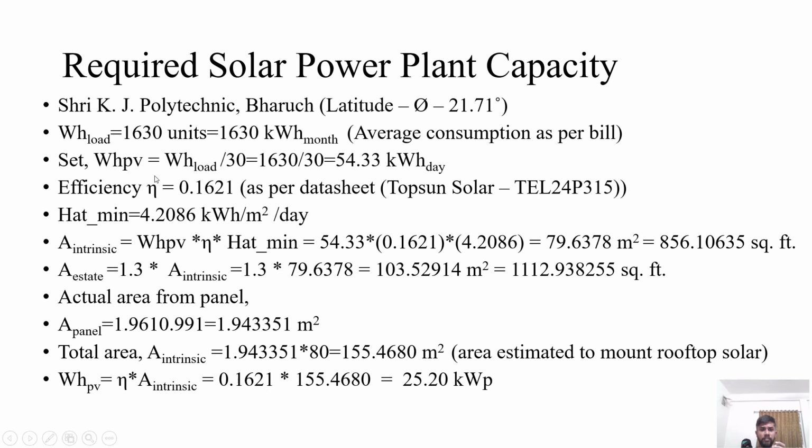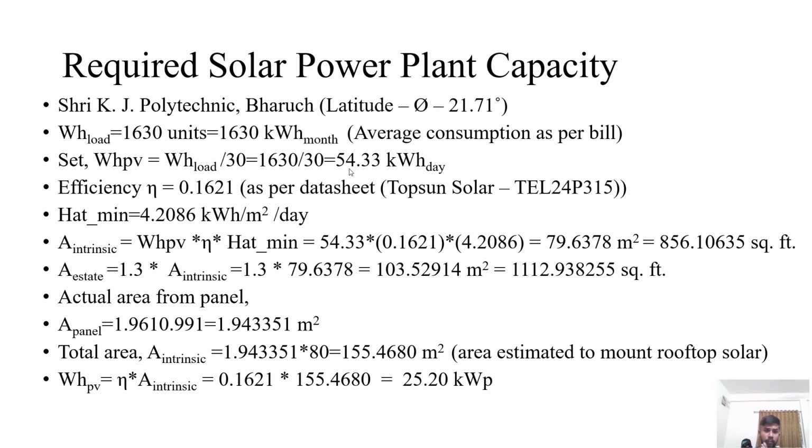The required PV wattage for the day is 54.33 kilowatt hours. Efficiency is 16.21% as per the data sheet. The minimum insolation available at this place is 4.2086 kilowatt hours per meter square per day.